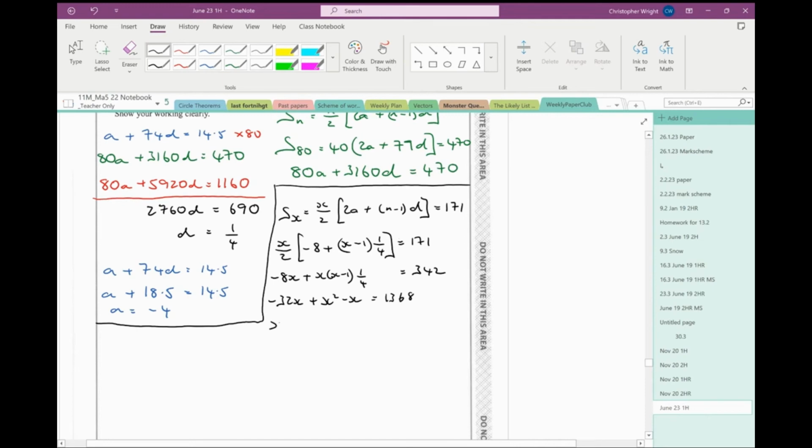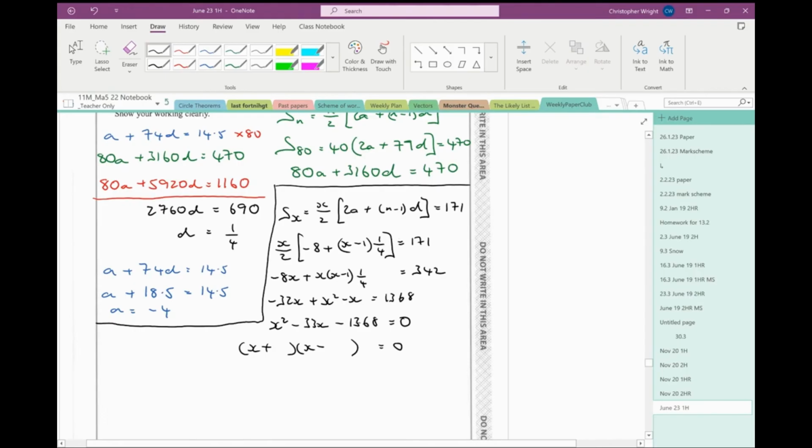Set everything equal to 0. x squared minus 33x minus 1368 equals 0. Right, I'm going to have to factorize this. Well, I know that it can look like that, and I'm going to have a plus and a minus because my product is negative here.